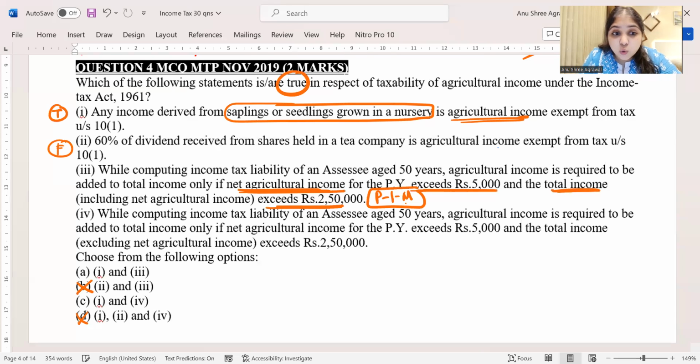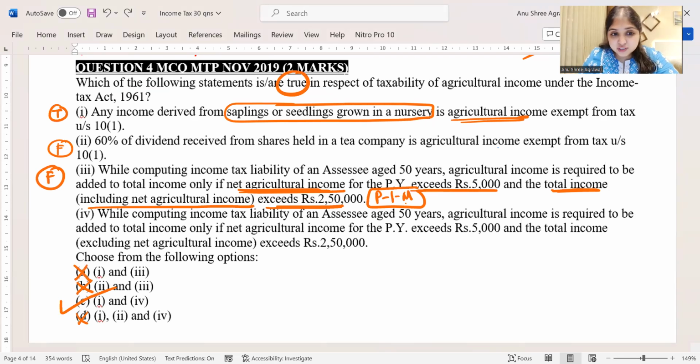But here it says total income including agricultural income should be more than 2,50,000. Is it right? No, total income excluding agricultural income. Non-agricultural income should be more than basic exemption limit. So it is not option 3 also. So what is our correct answer? Option C. But still, for the sake of better understanding, can we see this fourth subdivision also once? We've concluded it is option C, but let us once again read the fourth subdivision also.